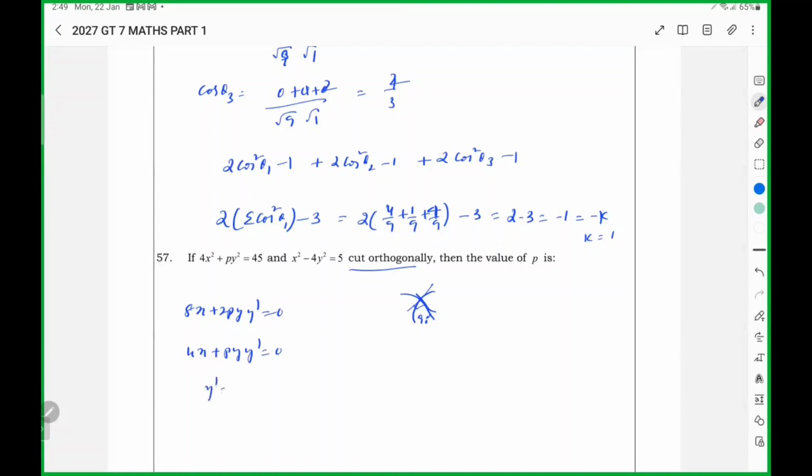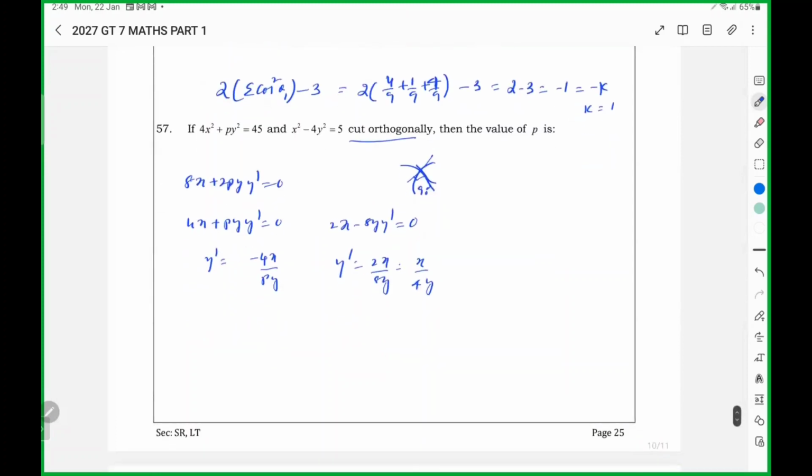So y dash is, here it is 2x minus 8y y dash. Y dash is 2x by 8y. So y dash at any point, you write x1 y1. Here I will write m1.